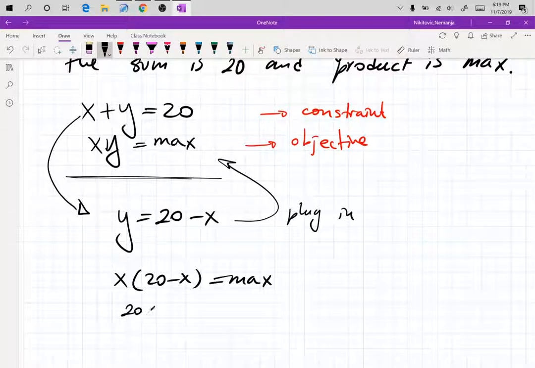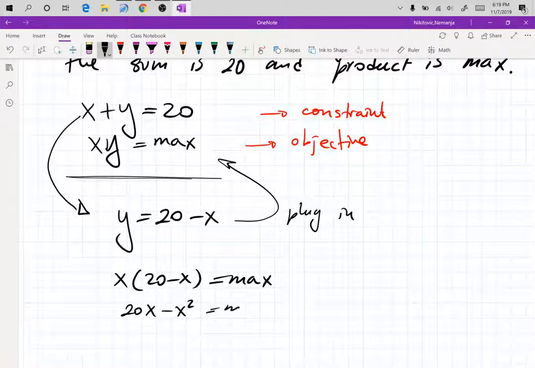And then you have 20x minus x squared equals a max. So you see now that your equation contains only the variable x, and you are supposed to get a maximum there, right? So this is where you differentiate.